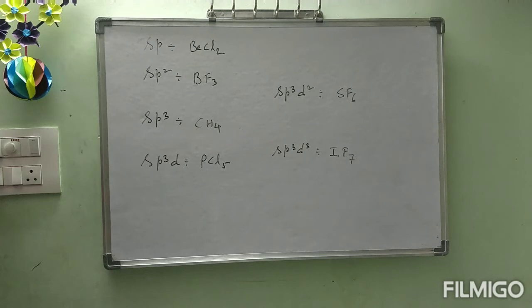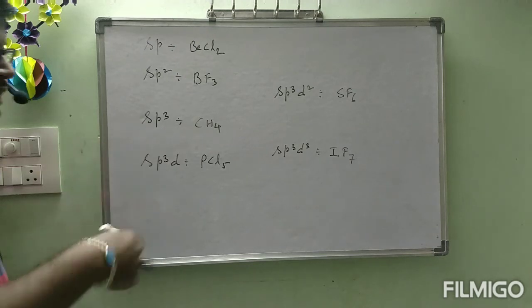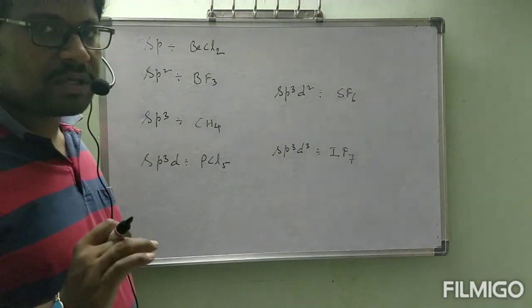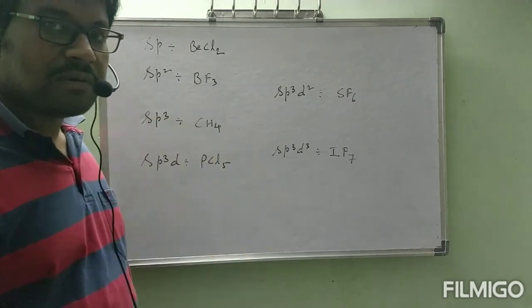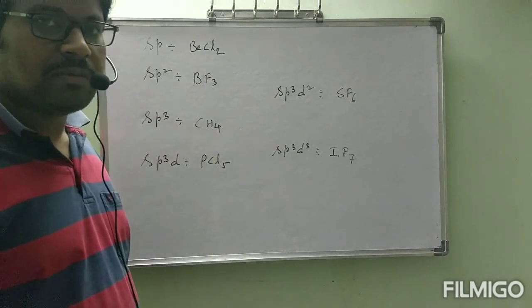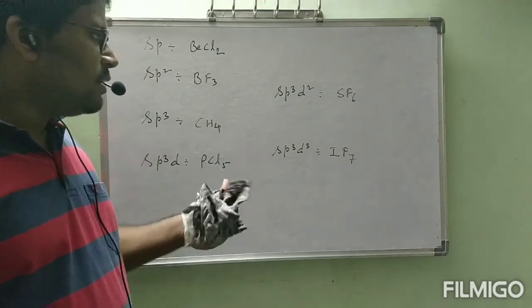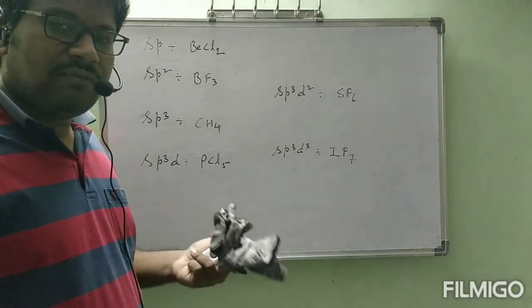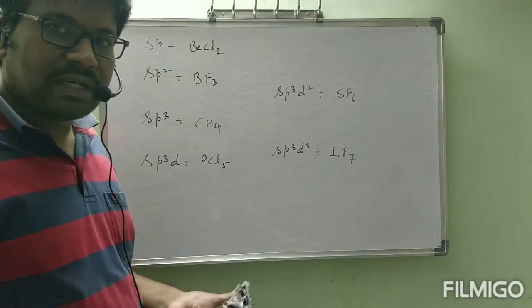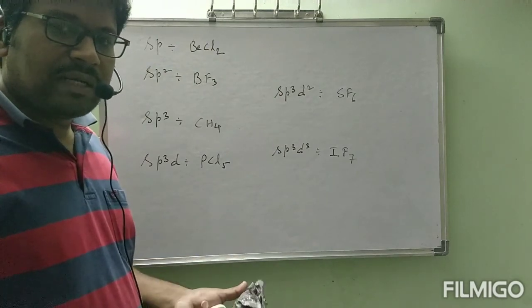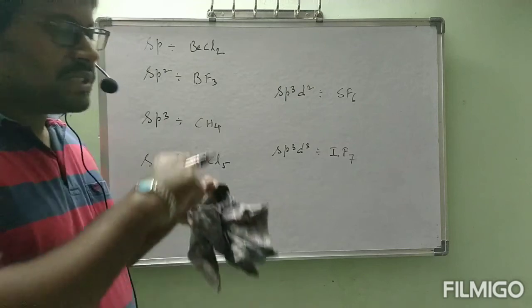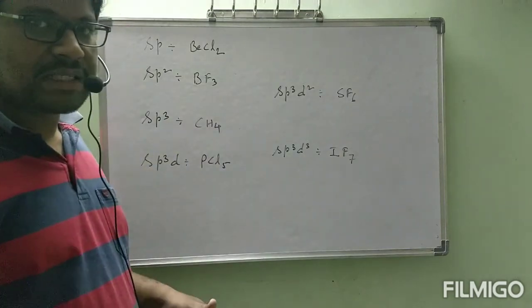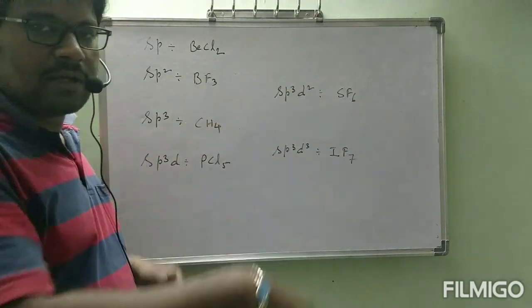If you want, ask me, I will give a tabular column. Not the important tabular column I mentioned; after completion of VSEPR theory, one more tabular column I will give. Before that, if you remember these individual molecules, you can remember easily. If you want more, you can ask me through WhatsApp and I will give the tabular column also.